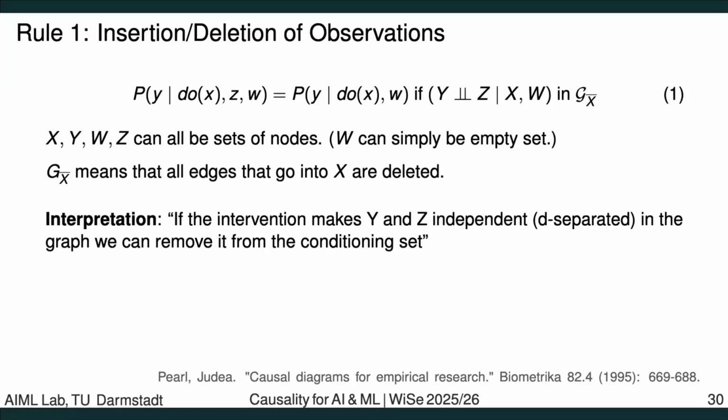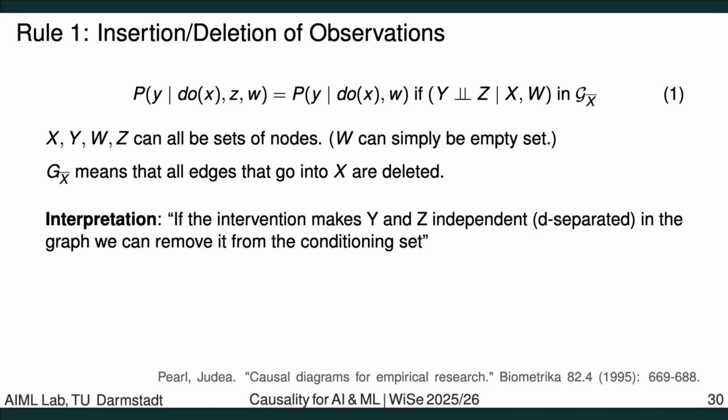I try to always give some easy to understand interpretation, but at least for the second and third rule, it's a bit more tricky to figure out when we are able to apply all of these rules and conditions.